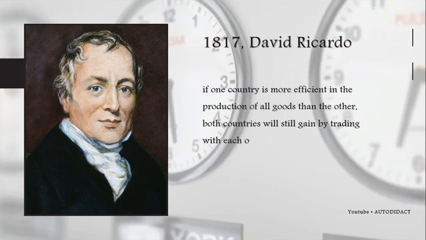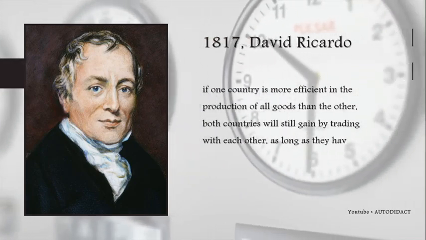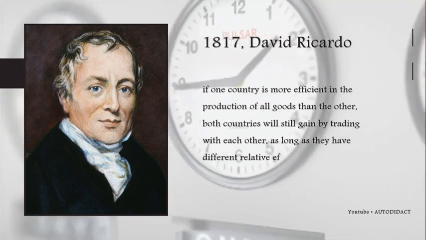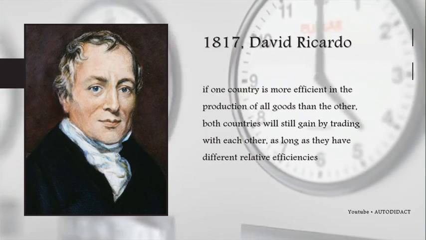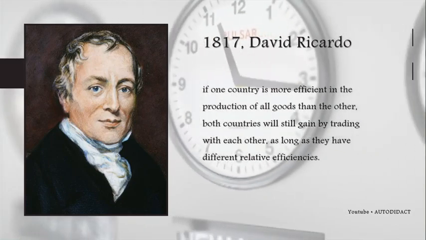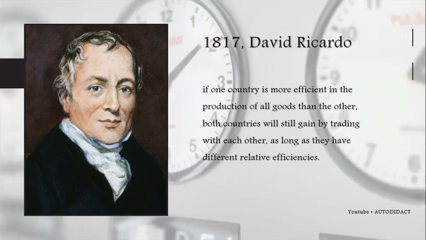He used an example involving England and Portugal. Ricardo noted Portugal could produce both wine and cloth with less labor than England. However, England was relatively better at producing cloth. Therefore, it made sense for England to export cloth and import wine from Portugal.